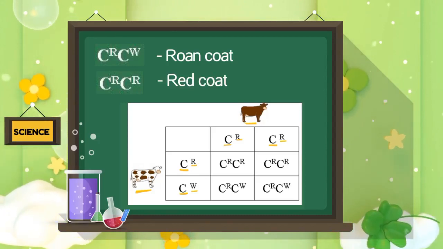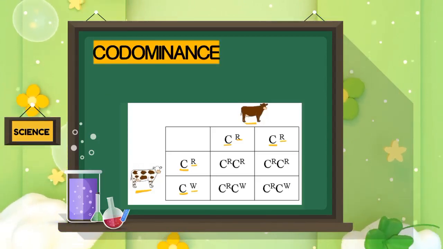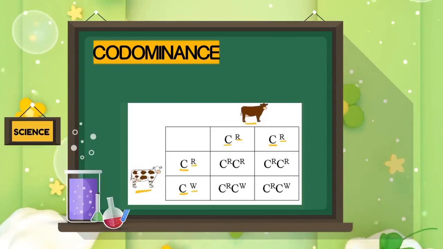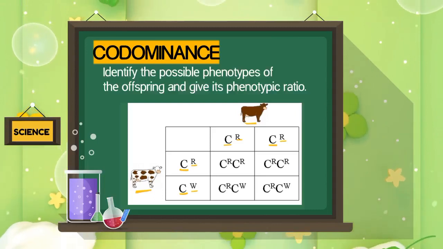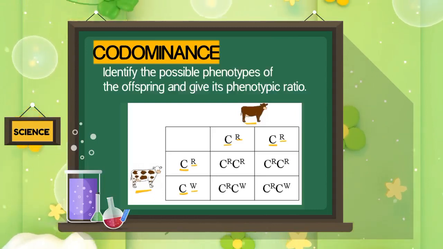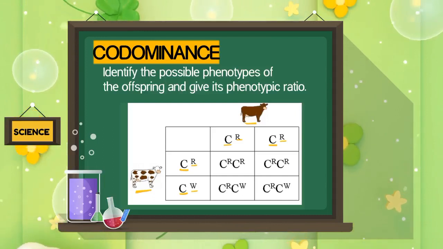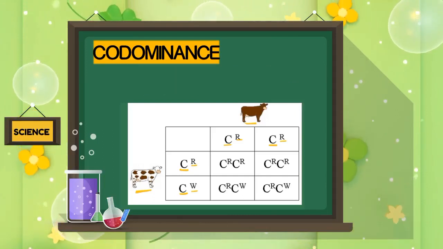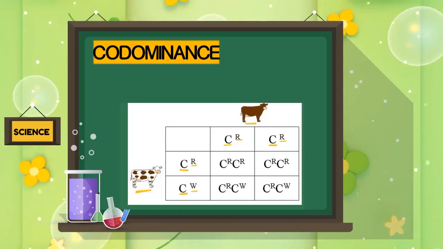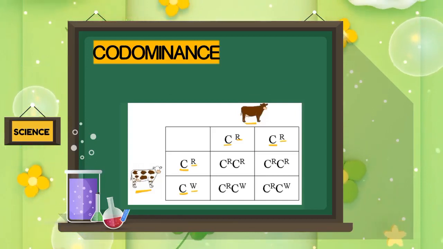Sa problem na to, given na ang result ng Punnett square. So all we have to do is to identify the possible phenotypes of the offspring and give its phenotypic ratio. So simulan natin dito sa first offspring.